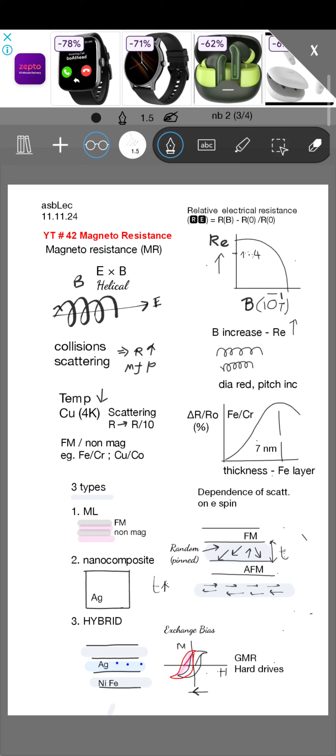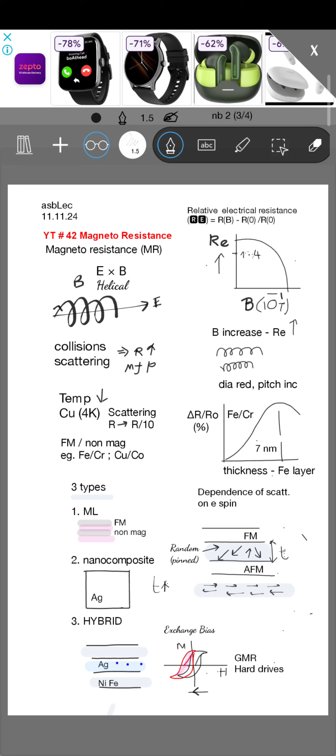Due to this helical path, the resistance, which is mainly due to scattering of electrons, increases. They start to collide more because the circumference of the helical path is actually less than the mean free path.